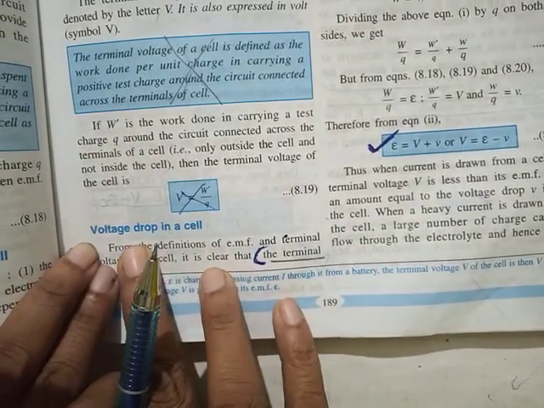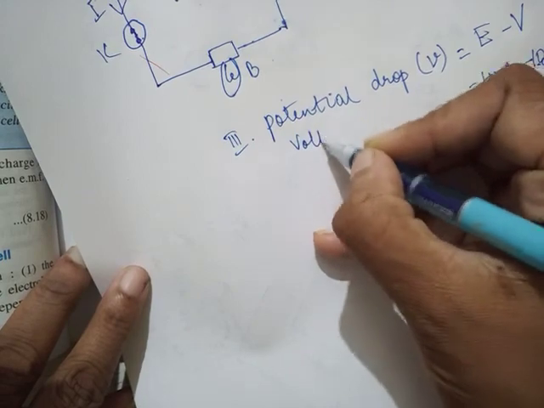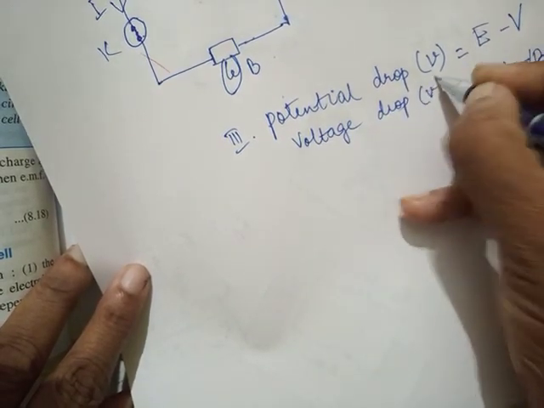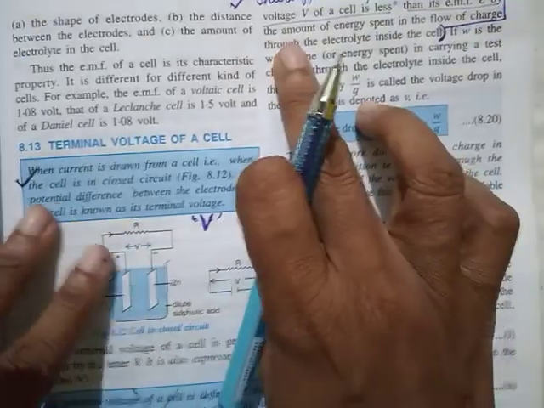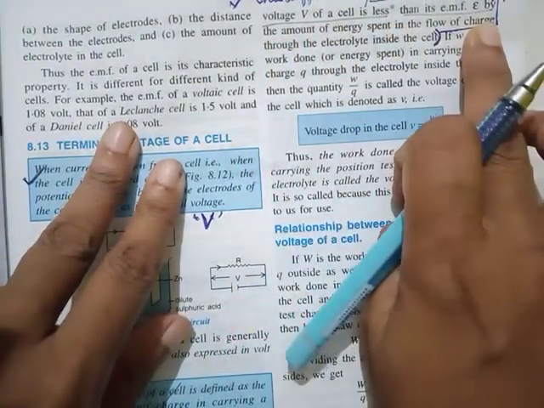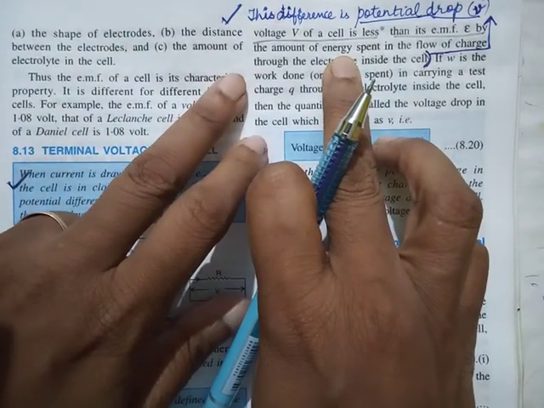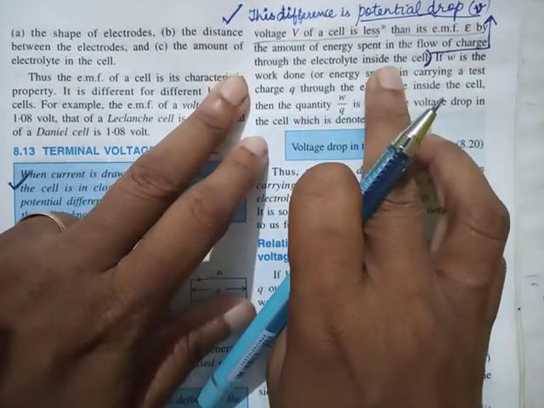Then comes the third term, potential drop or voltage drop. You can even say voltage drop, that is small v. Okay, capital E, capital V, and this is small e. So the terminal voltage V is less than its EMF by the amount of energy spent in the flow of charge through the electrolyte.